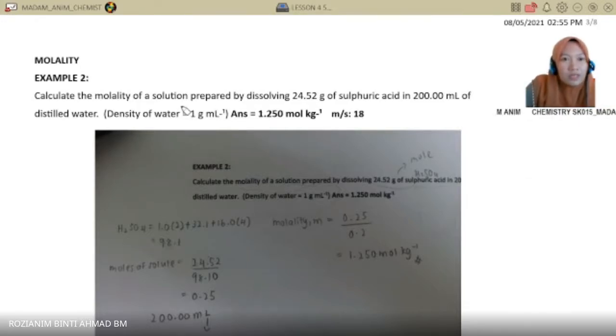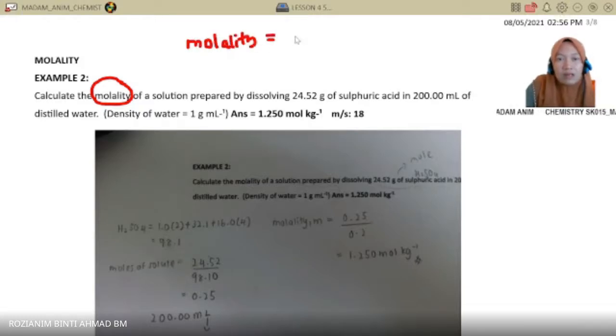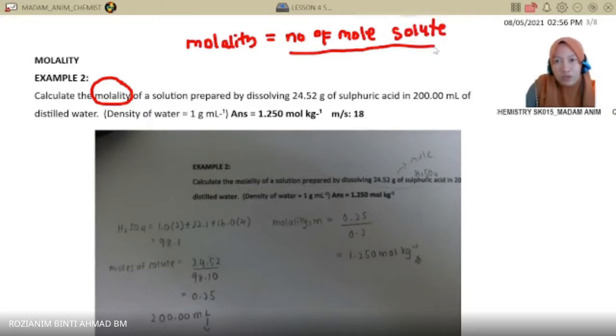The question is to calculate molality. Remember, every time you learn the concept of concentration, you must remember all the formulas. What is the meaning of molality? The main criterion of the calculation is the number of moles of the solute, the main component of the solution, over the mass of solvent.